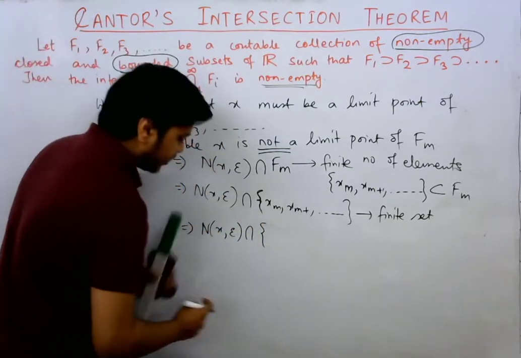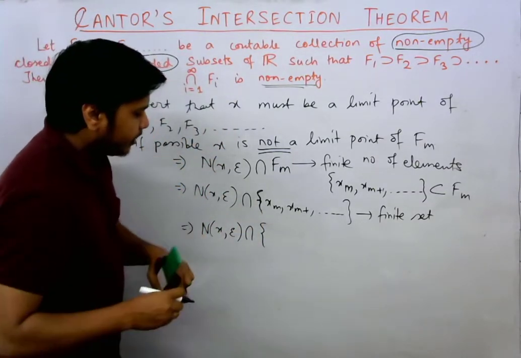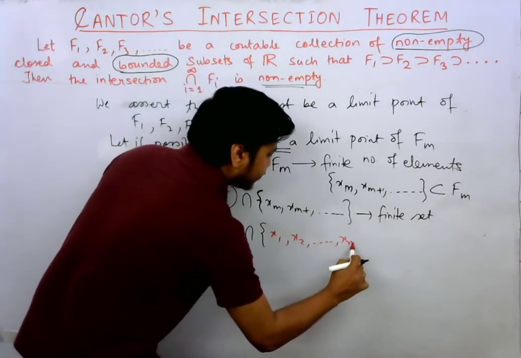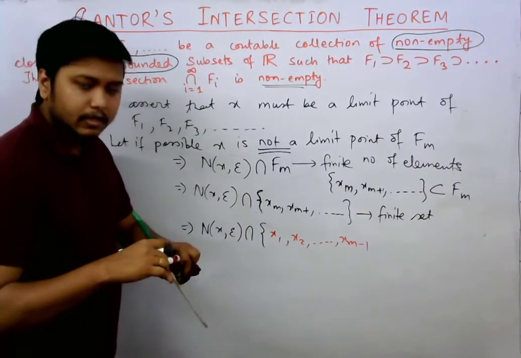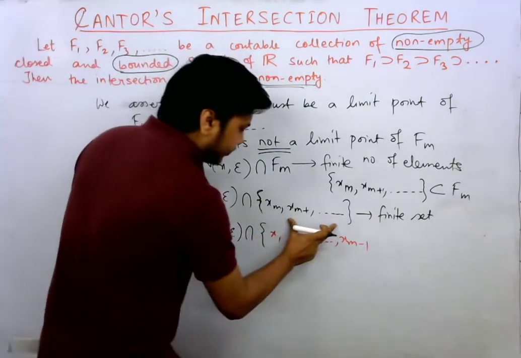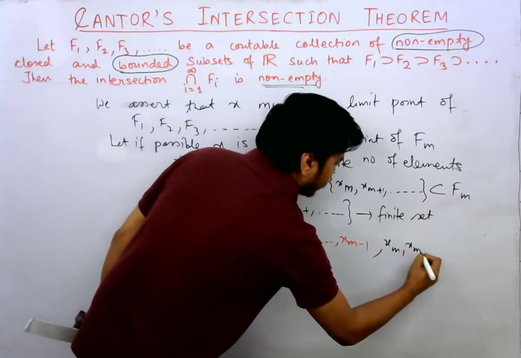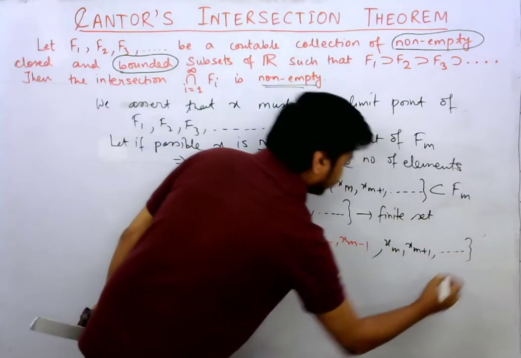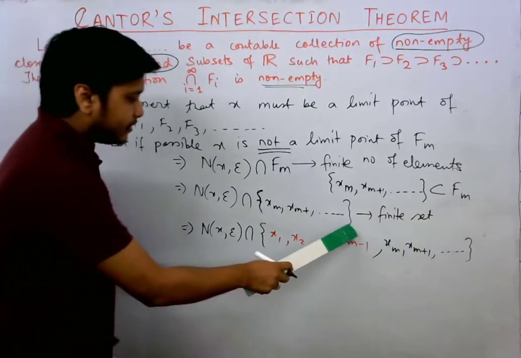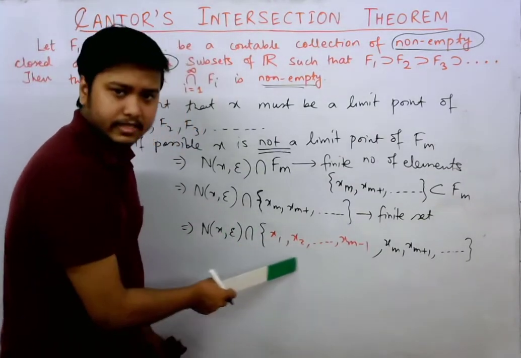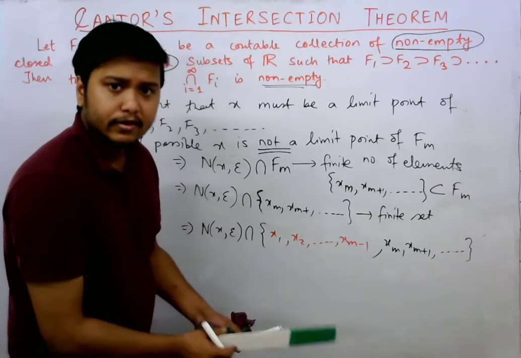What are those elements? Let's say I'm adding the finite number of elements x1, x2, dot dot dot, xm minus 1. These are the finite number of elements I have added, and these elements were already there: xm, xm plus 1, and so on, right? So if this intersection is finite, and I add a few finite elements, it's still going to remain finite.